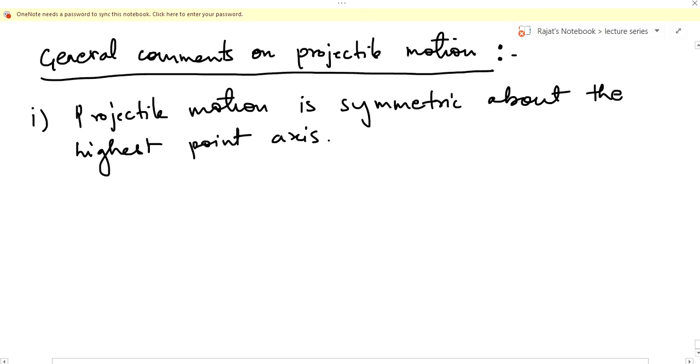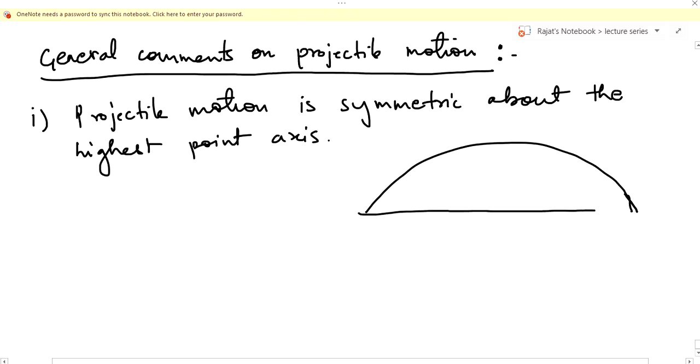Now, obviously, I'm not writing it in a purely elaborate form, but this is very much obvious. And when I'm making these comments, I'm talking about the projectile which has been thrown from the ground and received back on the ground. I'm not talking about a projectile which has been thrown from a certain height or a projectile on an inclined plane. So please bear this in mind.